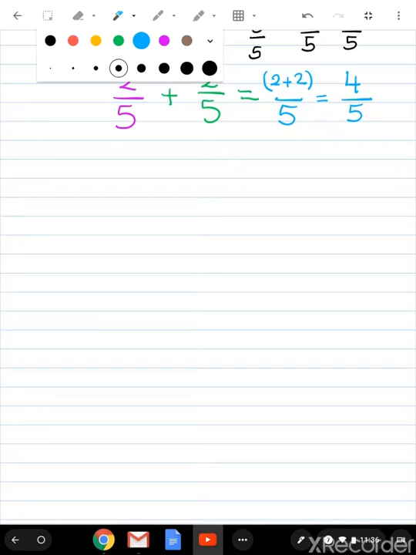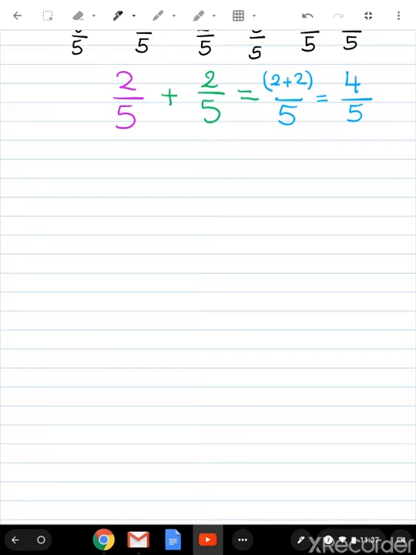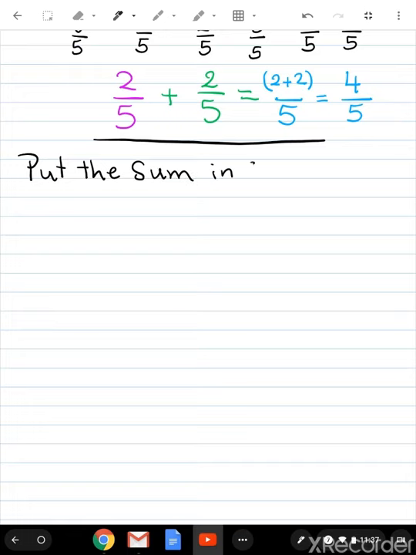What if you are asked to put the fraction in its simplest form? Put the sum in simplest form. What do we mean by this?